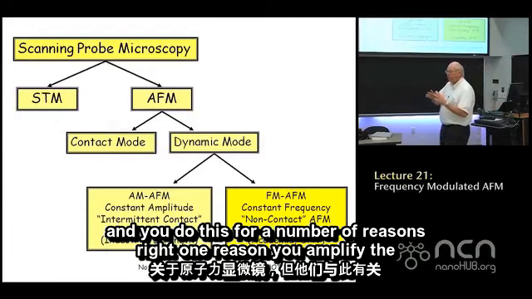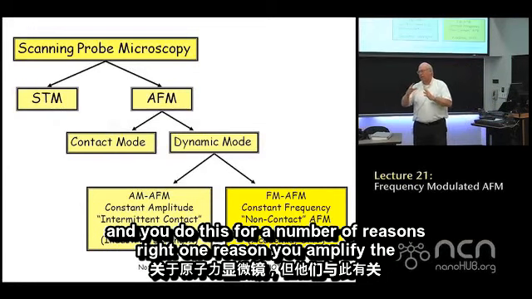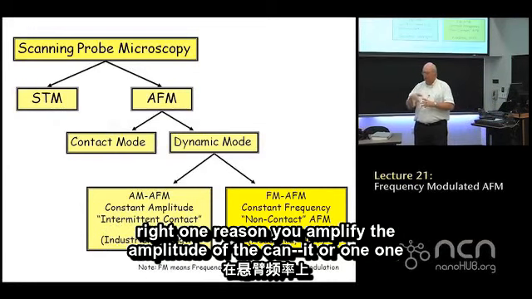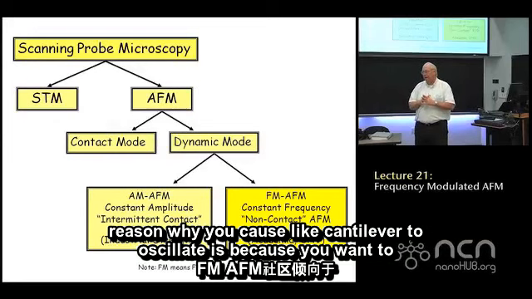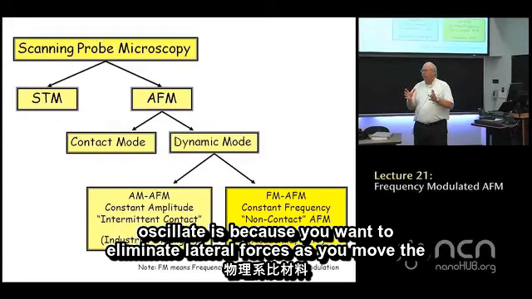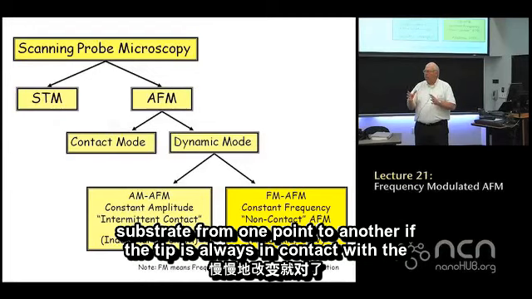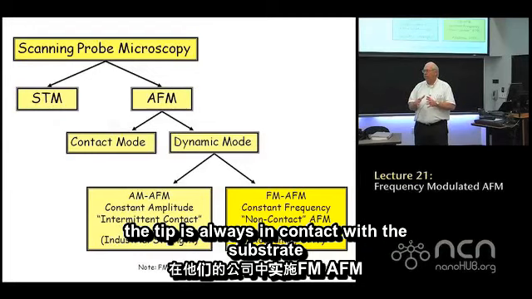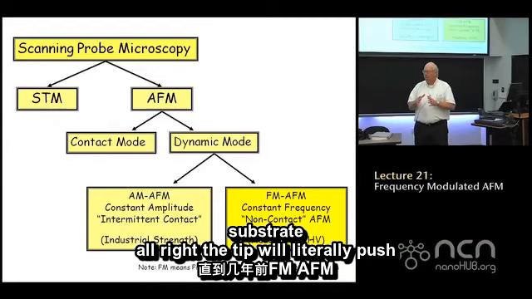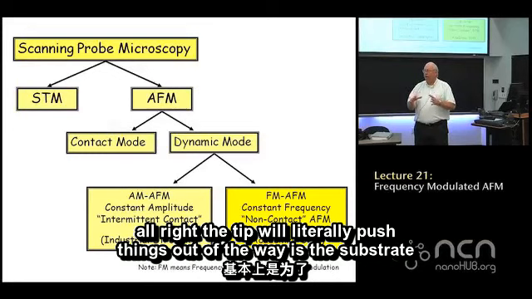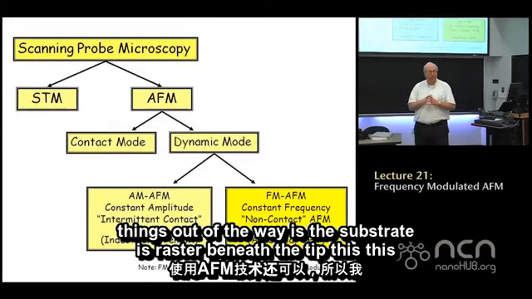One reason why you cause a cantilever to oscillate is because you want to eliminate lateral forces as you move the substrate from one point to another. If the tip is always in contact with the substrate, right, the tip will literally push things out of the way as the substrate is rastered beneath the tip.